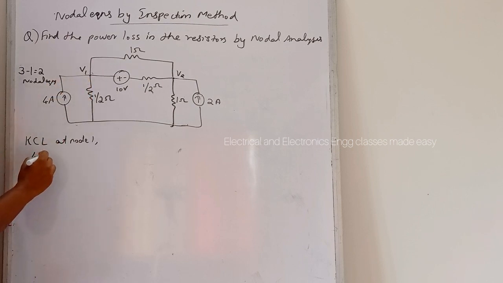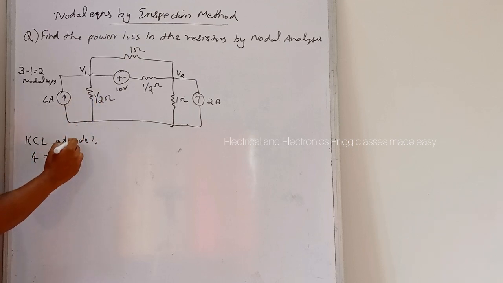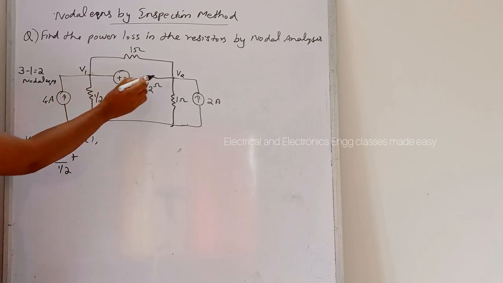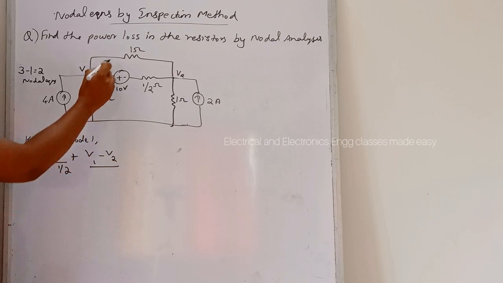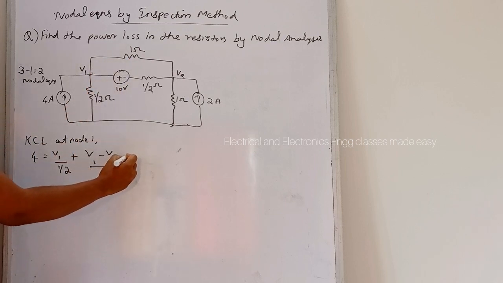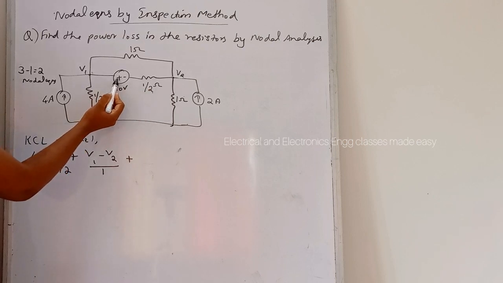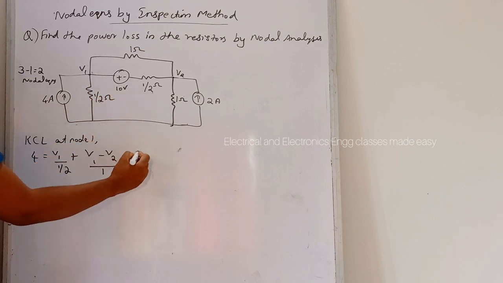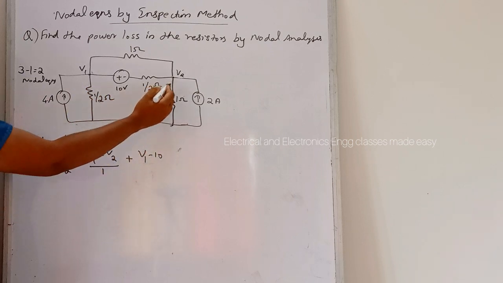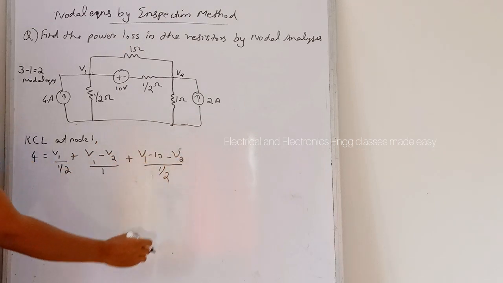So 4 is equal to V1 divided by 1/2, plus (V1 minus V2) divided by this 1 ohm, plus, here there is 10 volt, with plus and minus marked, so we write (V1 minus 10 minus V2) divided by 1/2.